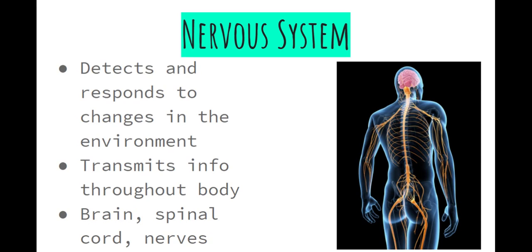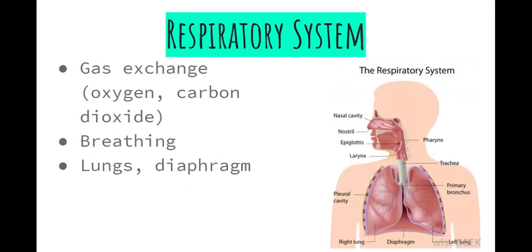Your central nervous system is going to be the stuff at the top of the picture straight down. So that's going to be your brain and your spinal cord. Your peripheral nervous system, that's going to be your extremities. So like we talked about before, if you touch something hot, you're going to feel that, oh no, it's hot. You're going to move your hand away. That's thanks to your nervous system.